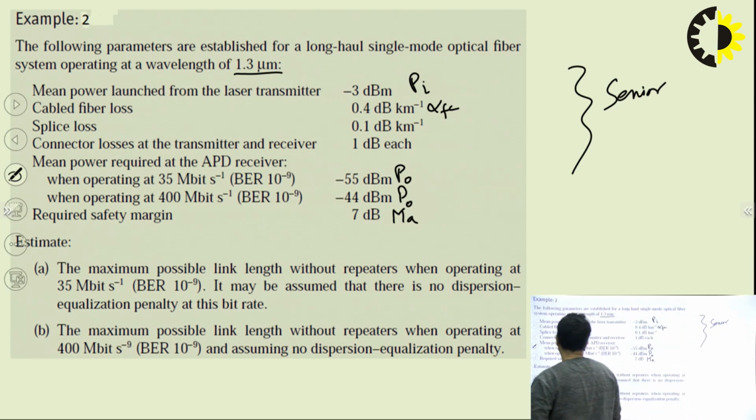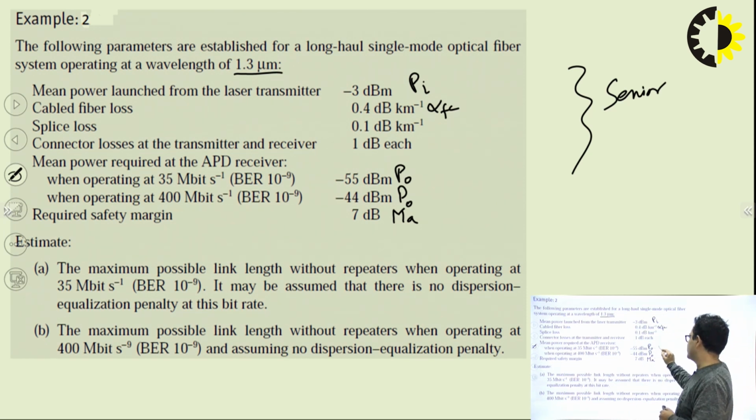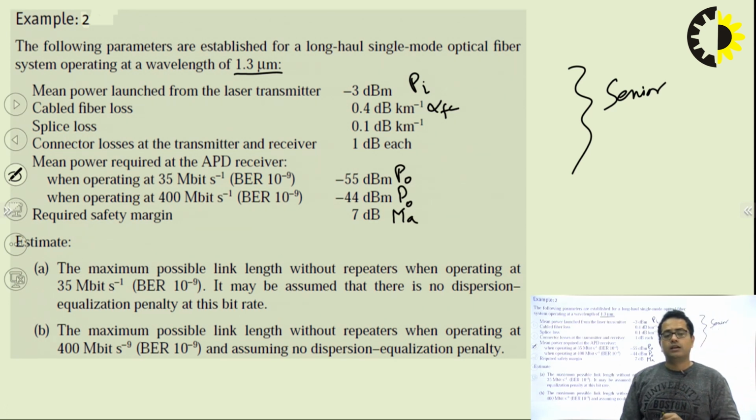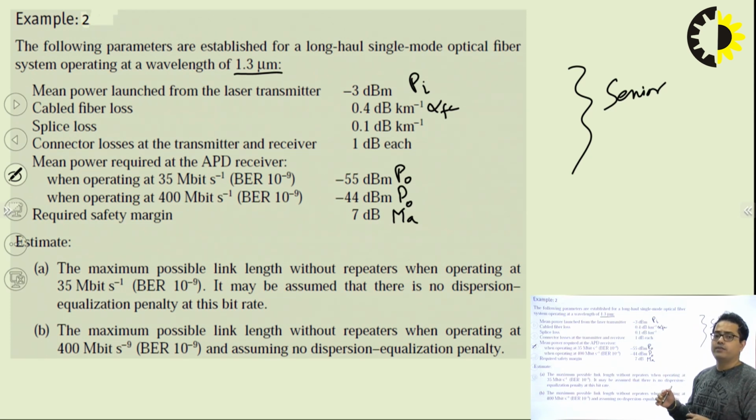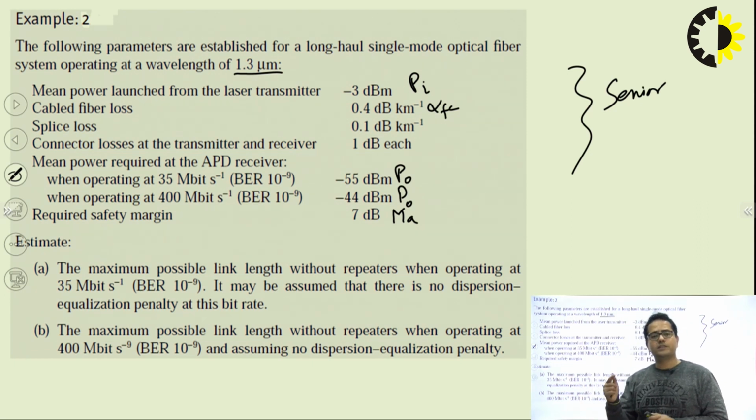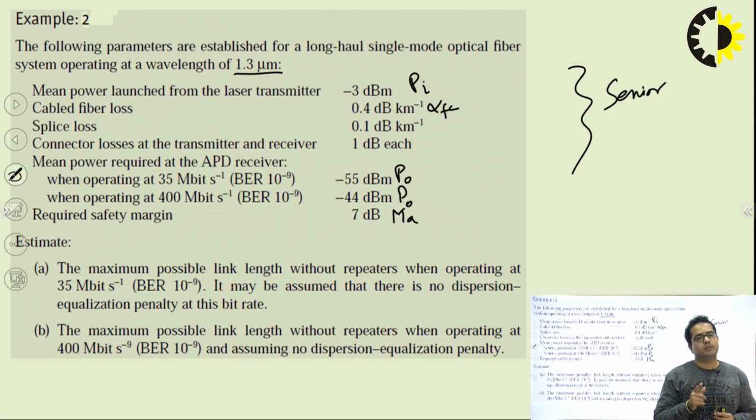So we have to include all these things in the formula. The question is the maximum possible link length without repeaters when operating at 35 Mbps. So we have to consider this PO value for part A, and it may be assumed that there is no dispersion equalization penalty, which means we have to discard the term DL. Now we can directly put the formula, the total channel loss, given by alpha FC plus alpha J multiplied with L plus alpha CR plus the safety margin.